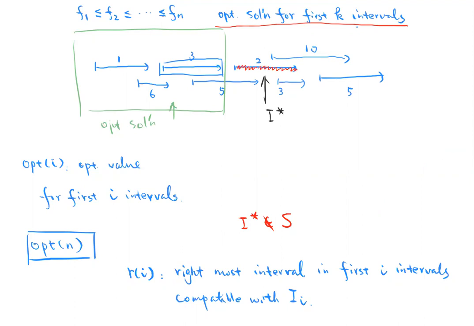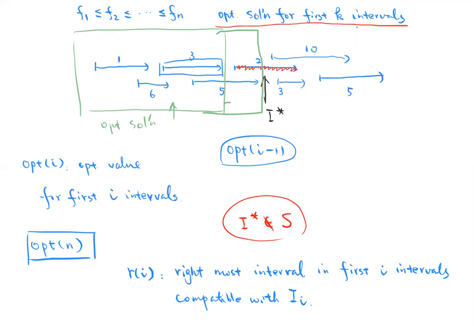All right. If it's not in the solution, what do we do? It's very easy. Then we just consider the green part, which is here. In this case, what we get is OPT(i minus 1).